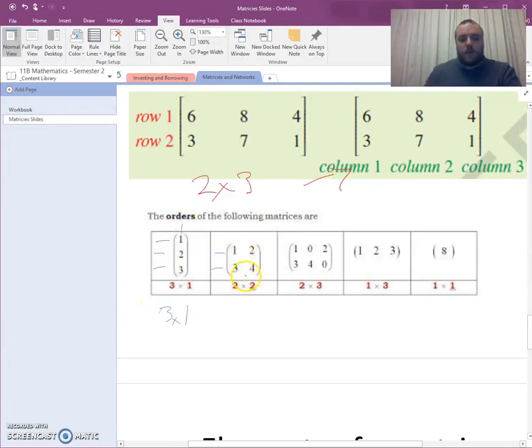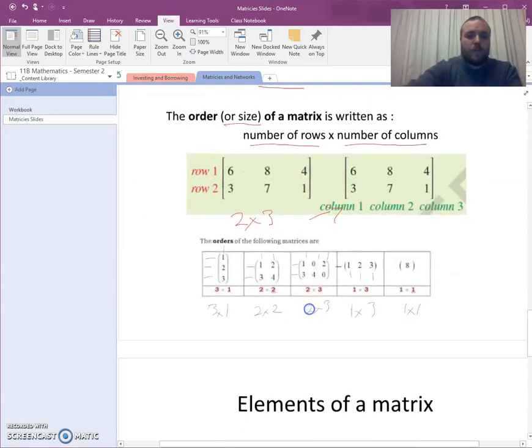This one, 2 rows and 2 columns, 2 by 2. This one has 2 rows, 3 columns, hence 2 by 3. This one, just 1 row and 3 columns, 1 by 3. And an individual number sitting in this matrix just makes it a 1 by 1, 1 row, 1 column.